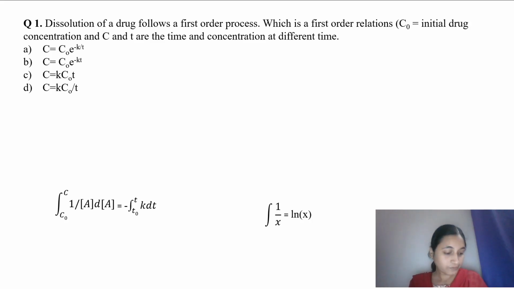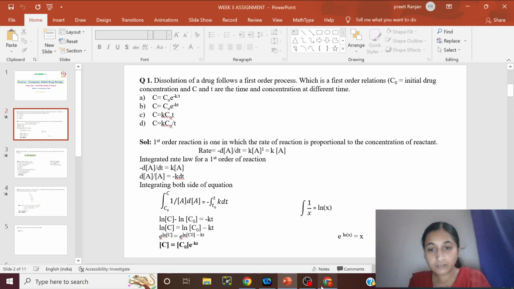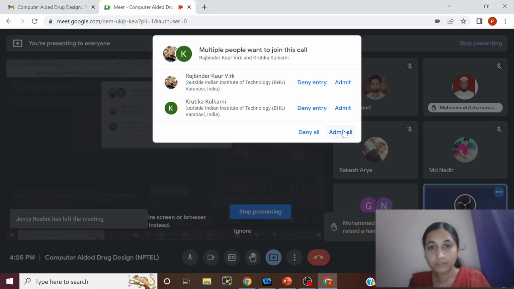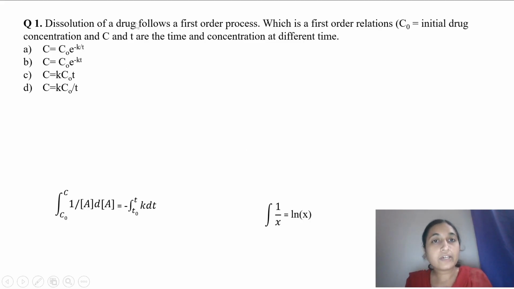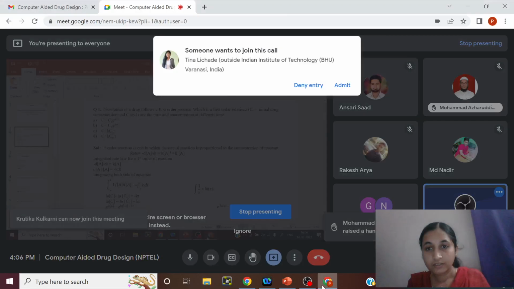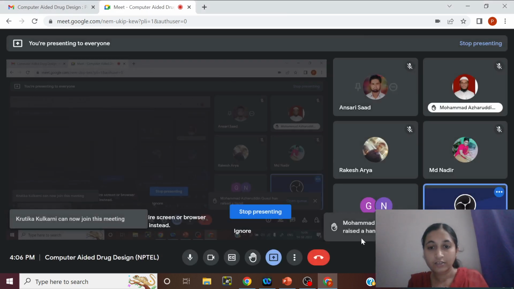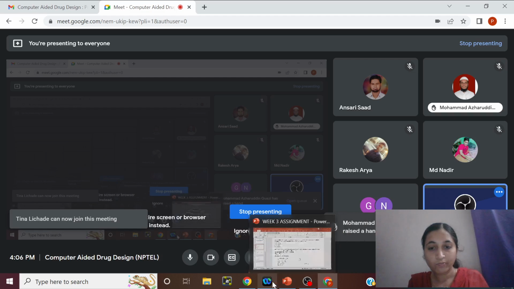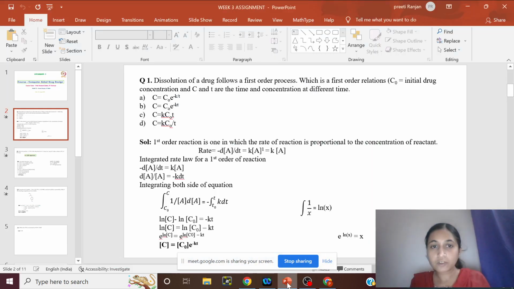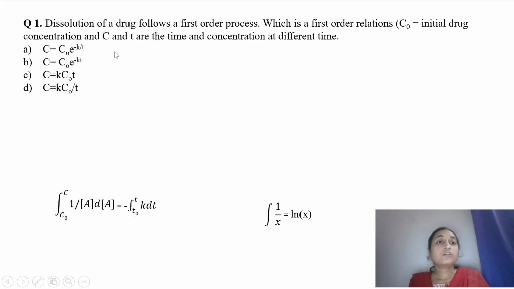Okay, so question number one. Dissolution of drug follows a first order process.